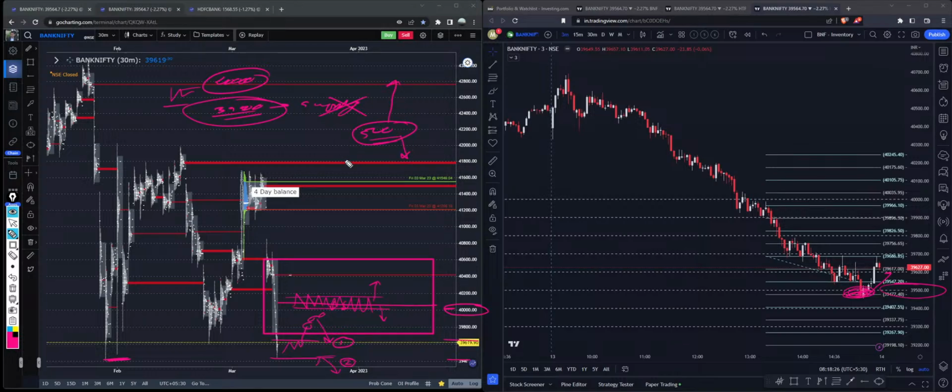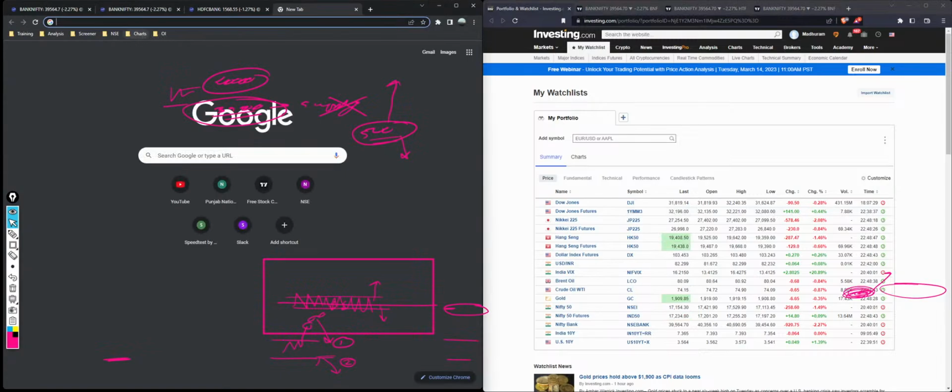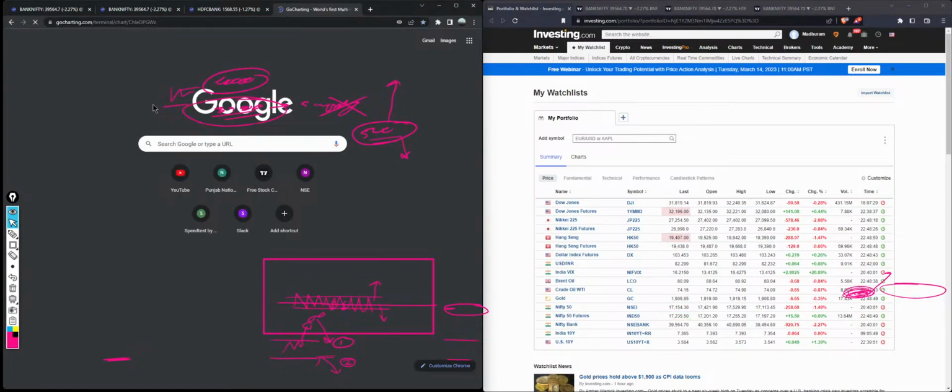This is the overall trade plan which I have. Pre-open data is still not out, but overall we might see a sort of gap down, because Hang Seng and Nikkei are opening negative. Dow Jones is trading positive. As we are looking at Dow Jones, let me see what has happened at SPX.